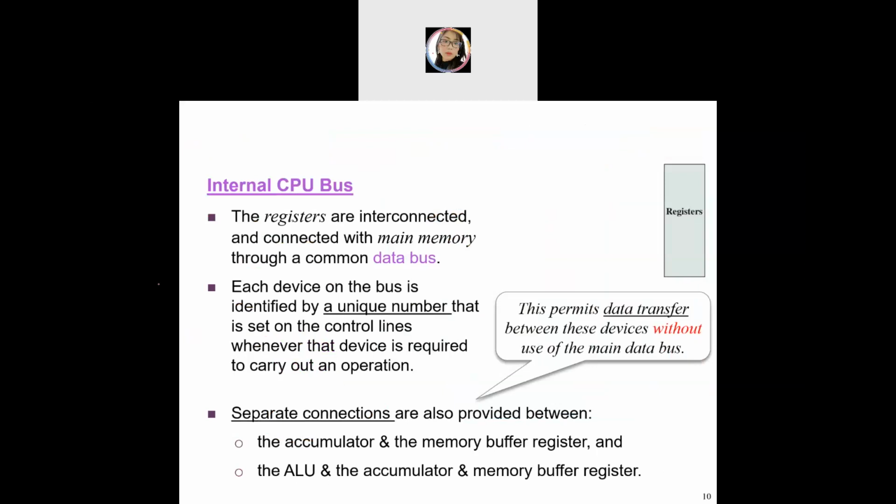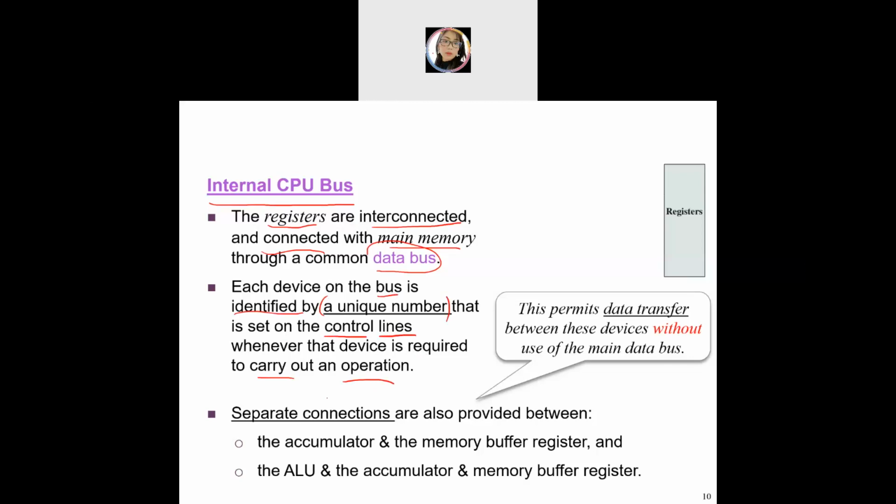You also look at the important information about the internal CPU bus. In the internal CPU bus, the registers are interconnected and connected to the main memory through the common data bus. Each device on the bus is identified by a unique number that is set on the control line whenever the device is required to carry out a process.